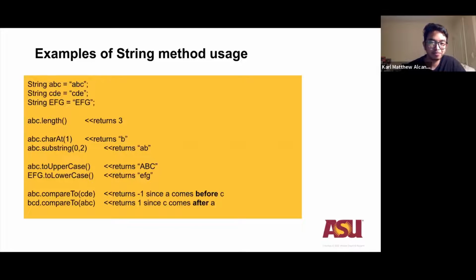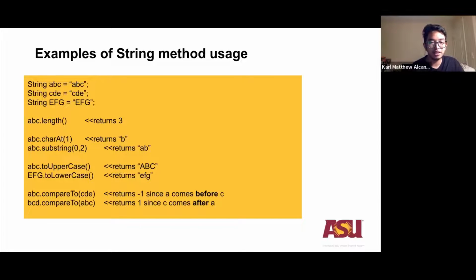Letter A is in index 0, letter B is in index 1, and letter C is in index 2. But since we're returning from index 0 to 2 minus 1, it returns AB.